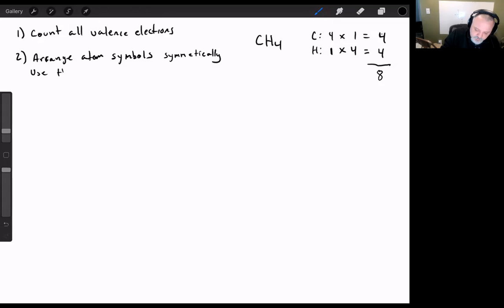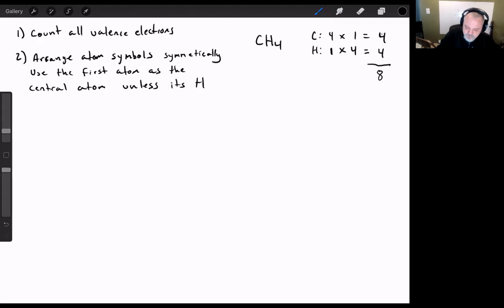Use the first atom as the central atom unless it's hydrogen. So we're going to arrange them symmetrically. We're going to use the first atom as the central atom unless it's hydrogen. And so why am I not adding any other information?